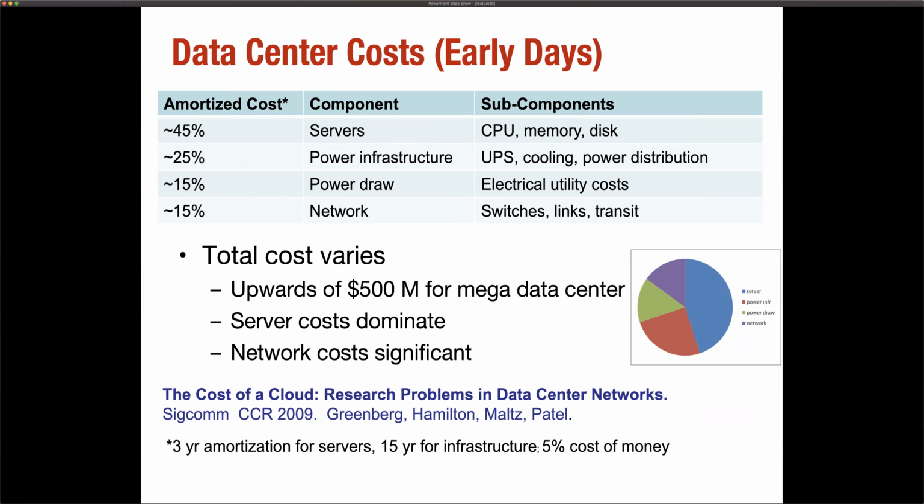Then there were other components, and power infrastructure and power draw were significant as well, a total of 40%. But as you can see, the network, which includes switches, links, transits, etc., cost around 15%. So it is small, but not insignificant. It is still a significant cost. These numbers were derived from a paper published around 2009 by Albert Greenberg, whose talk we are adapting here, and other folks at Microsoft Research.